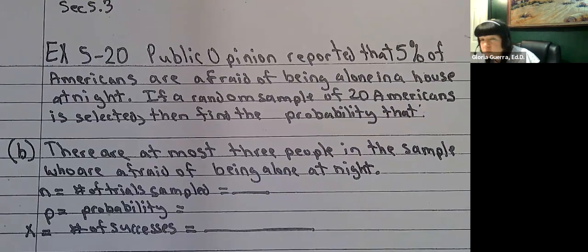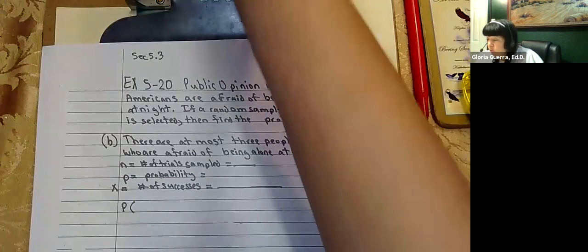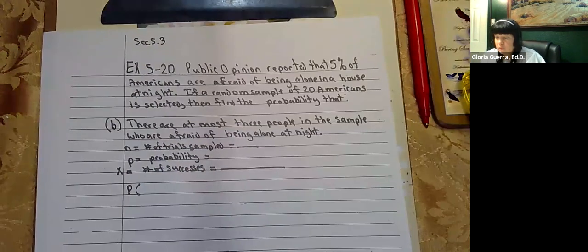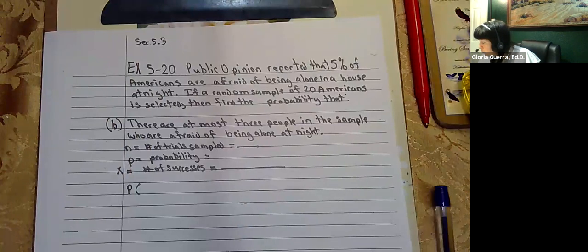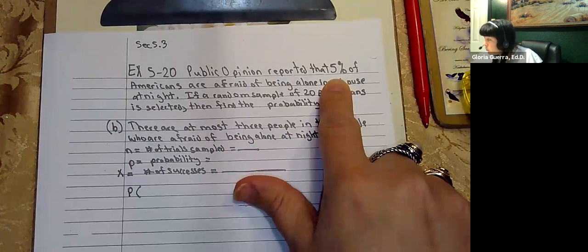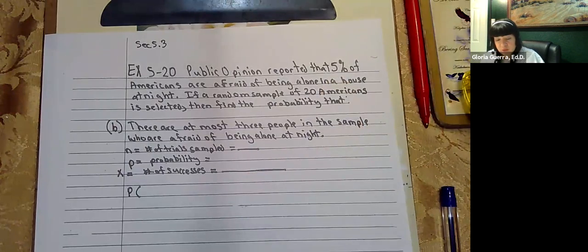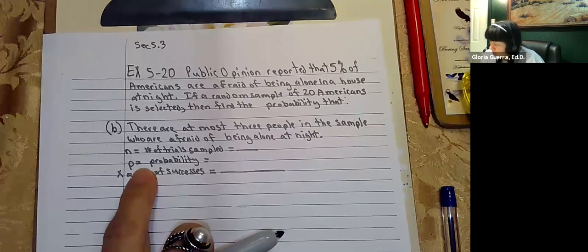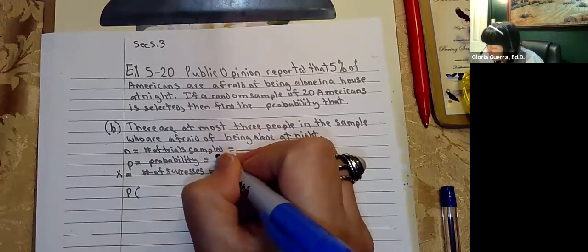These are extra problems that I mostly got from the ebook, I believe. So yeah, everything is somehow from an ebook for the most part, right? Okay, so here it says public opinion reported that 5% of Americans are afraid of being alone in a house at night. So you see there's a percentage that's given, 5%. So that's your probability. So right here under probability, we're going to say 5%.